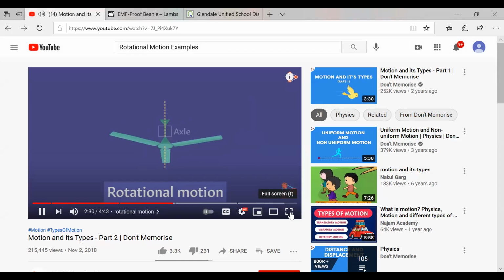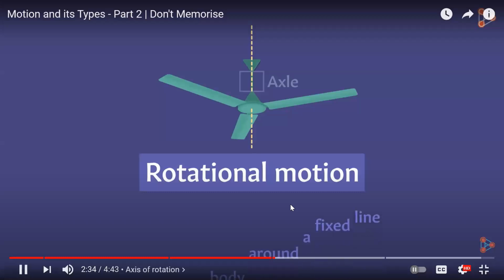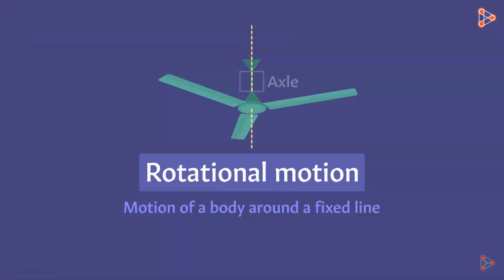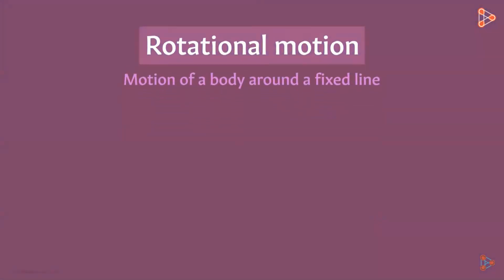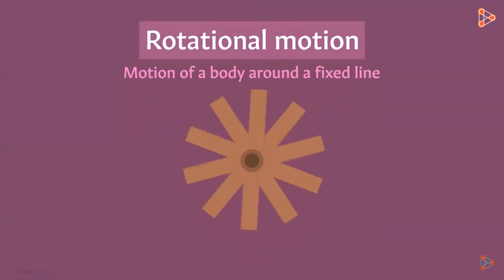What we call rotational motion. Now we will define it in simple words. A body is said to be performing rotational motion if it's spinning around some fixed line. And the fixed line is also called axis of rotation. What other examples of rotational motion can you think of? What about a rotating wheel?